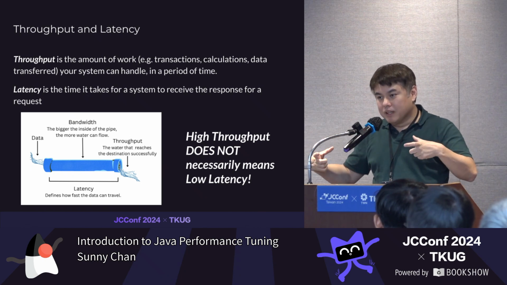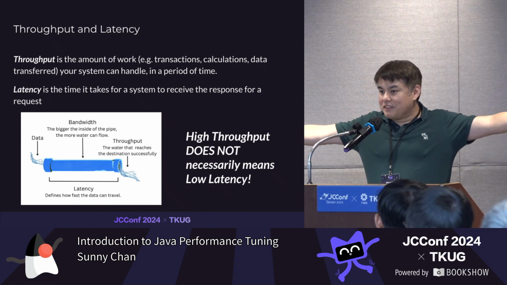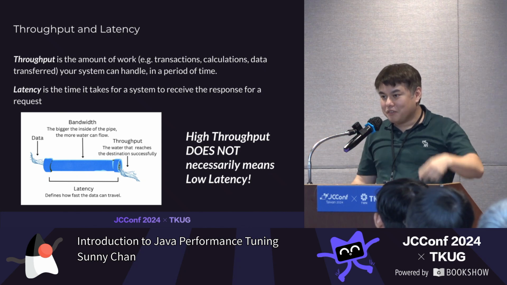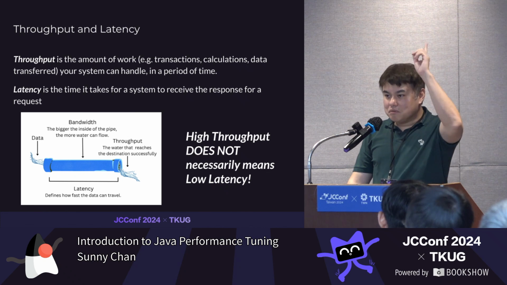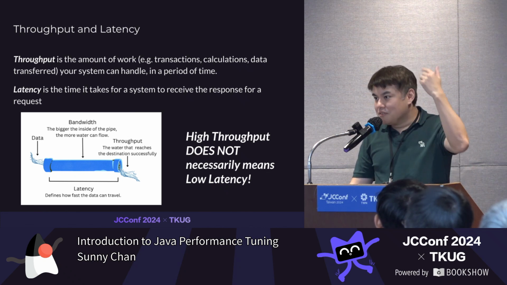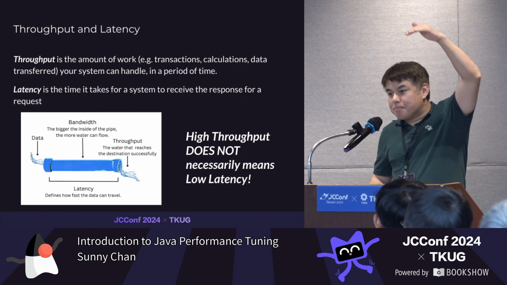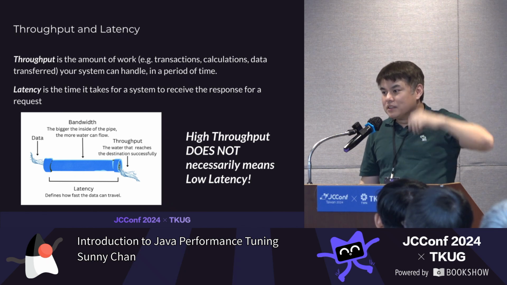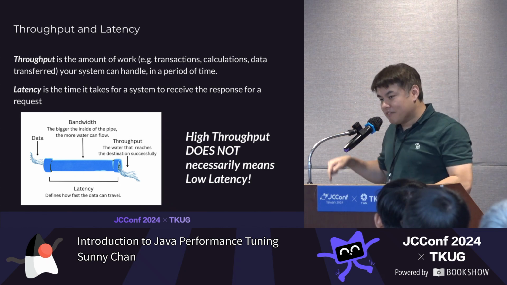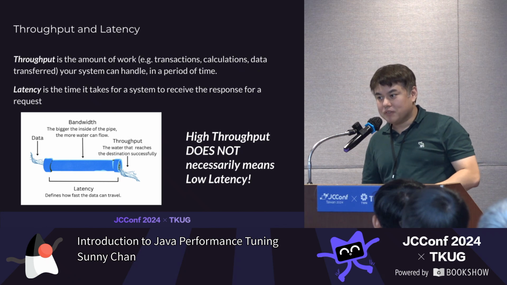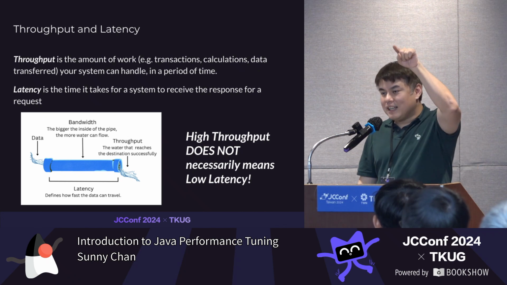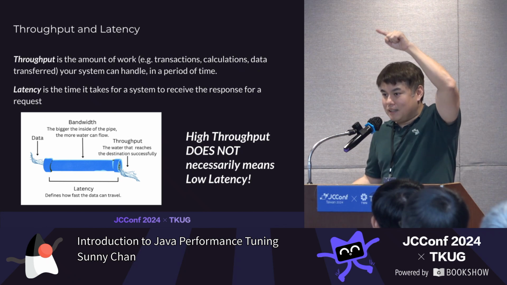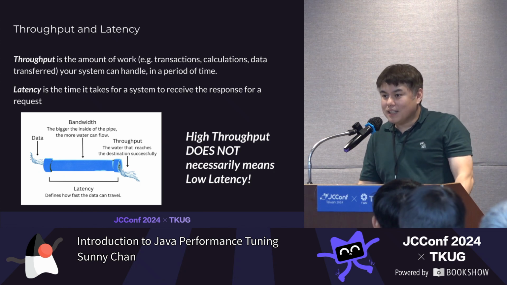But what happens if that pipe is very long from one end to the other, so your flat is on the 34th or 50th floor? Then that pipe is going to be very long. The water that has to come from the bottom of the building to your flat on the 50th floor is going to take time. That's what we call the latency.